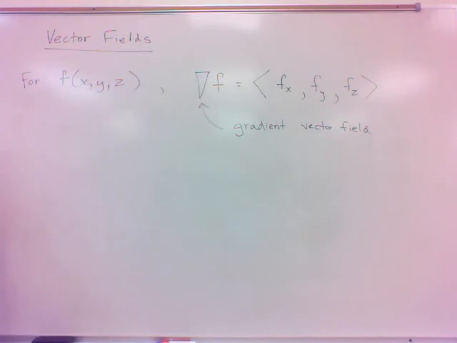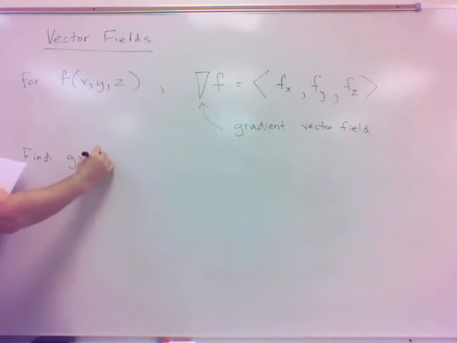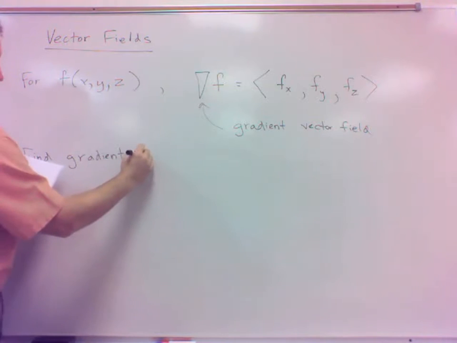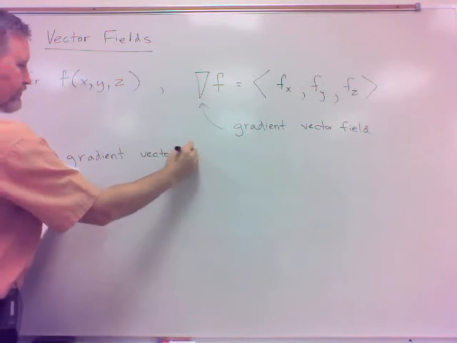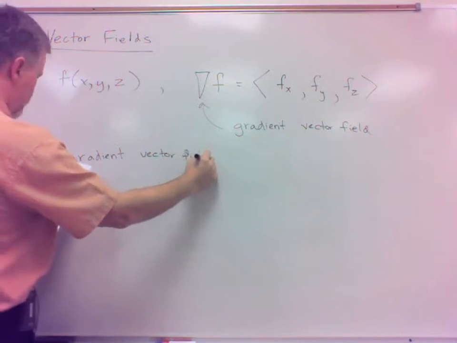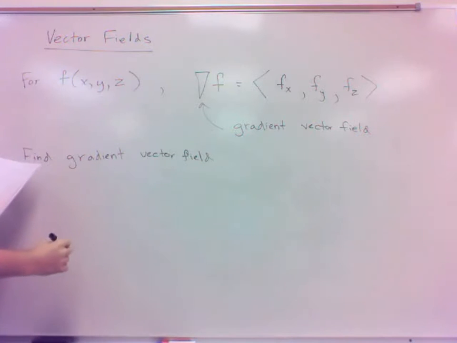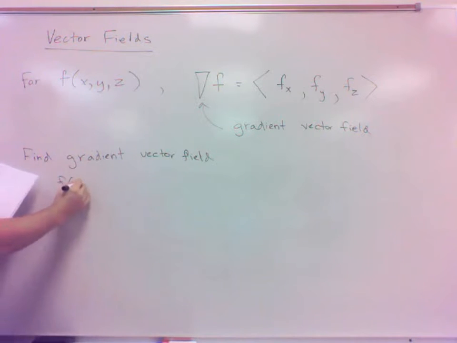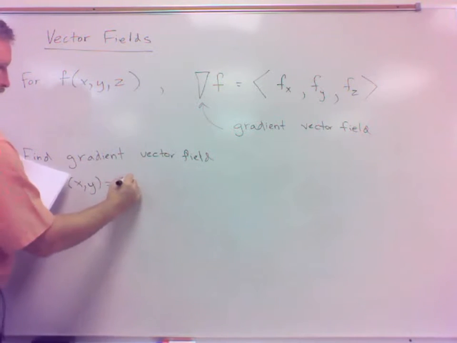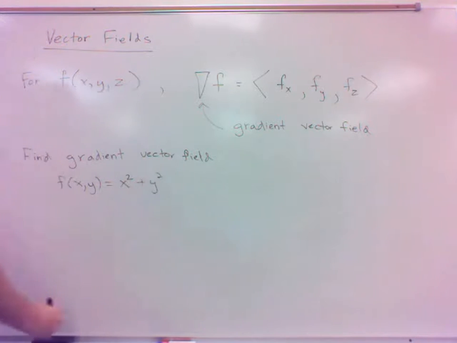Okay, so for example, let's find the gradient vector field for, and we'll just do two dimensions, f of x, y equals x squared plus y squared. Easy enough.